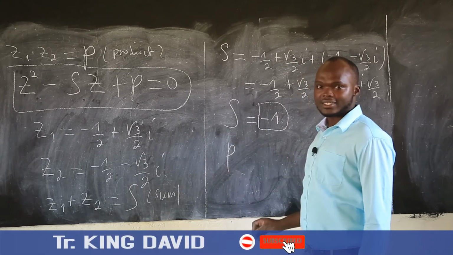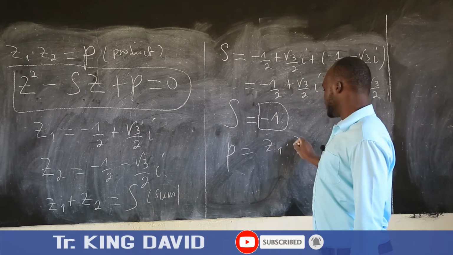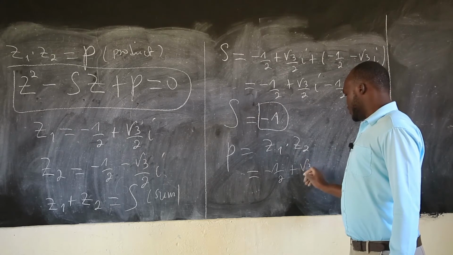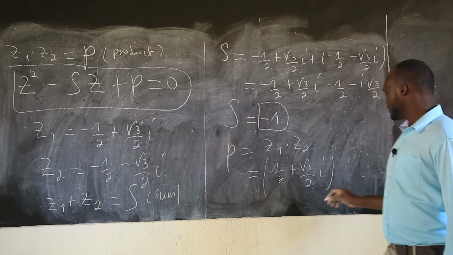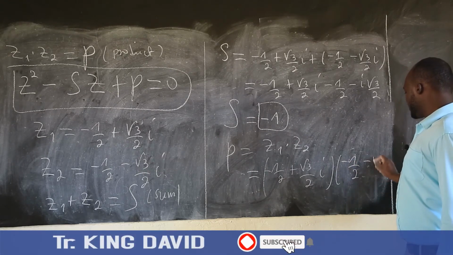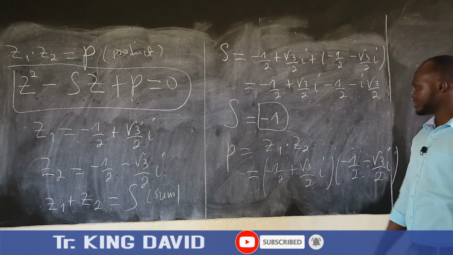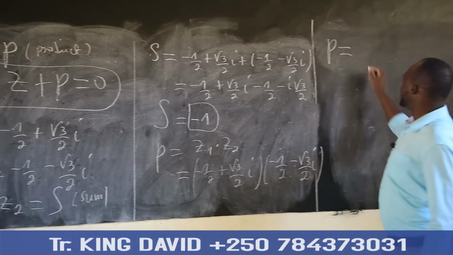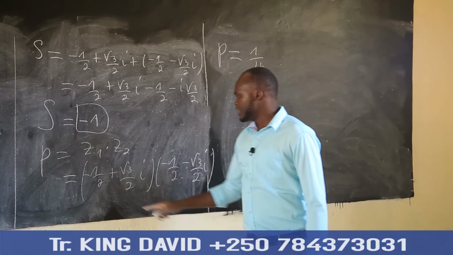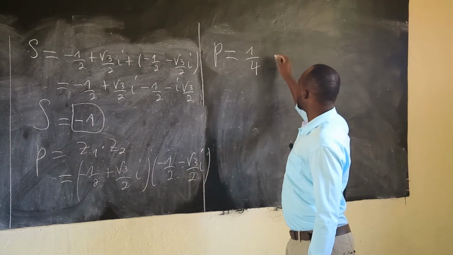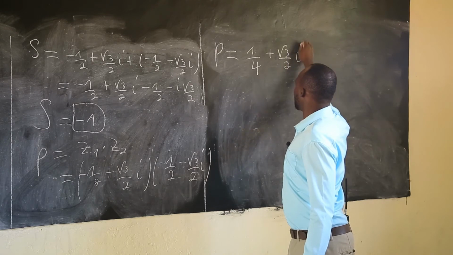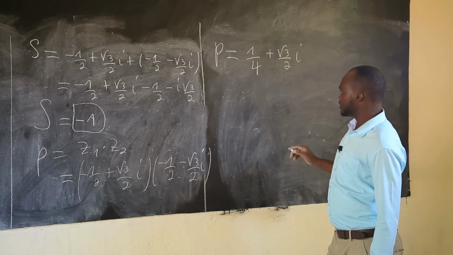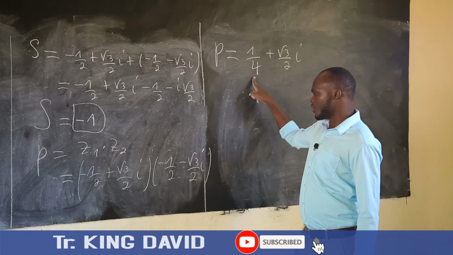Product. Our product is z1 times z2, so we have -1/2 plus √3/2 i into bracket -1/2 minus √3/2 i. Negative half times negative half is 1 over 4.